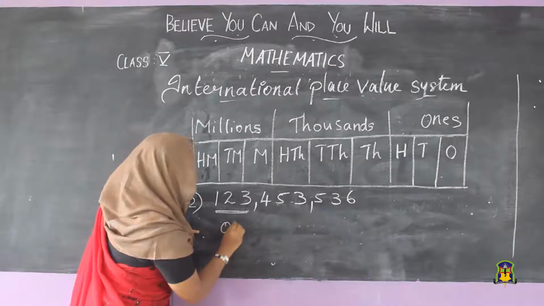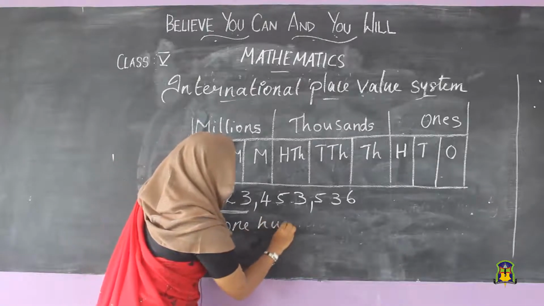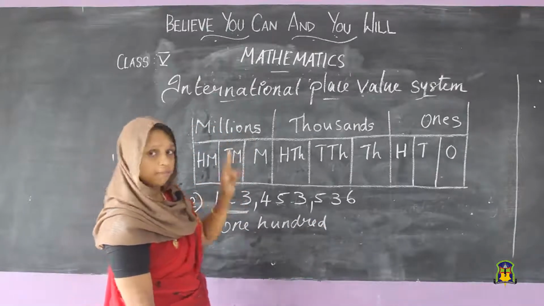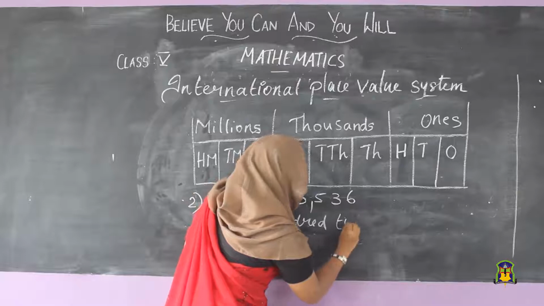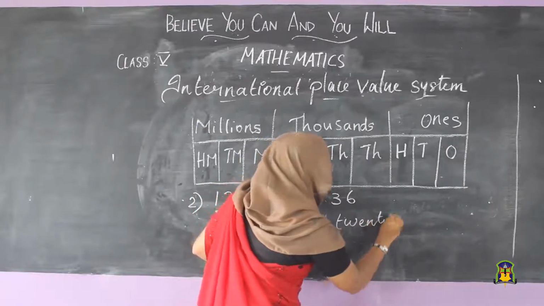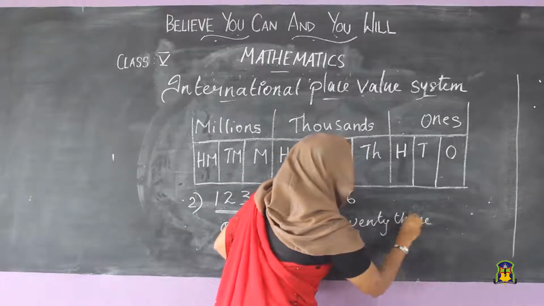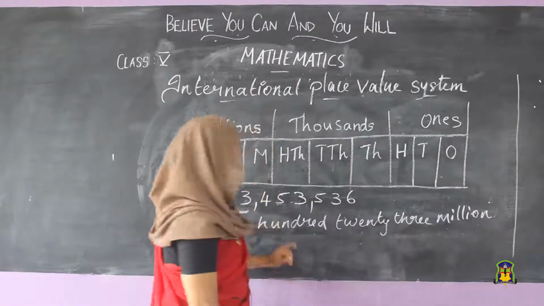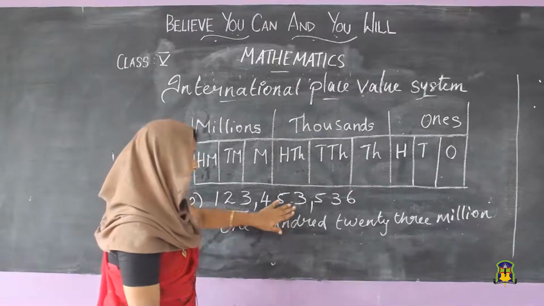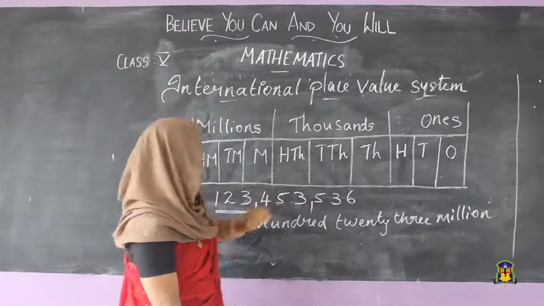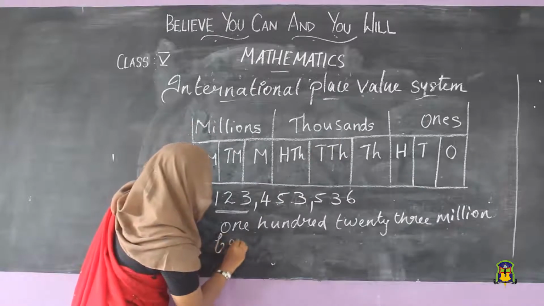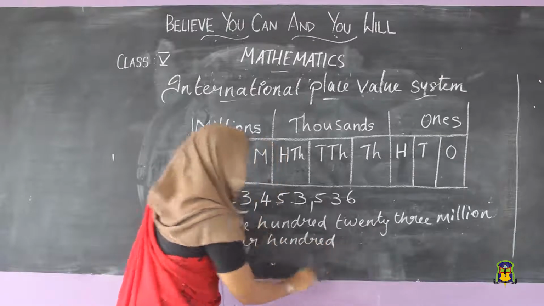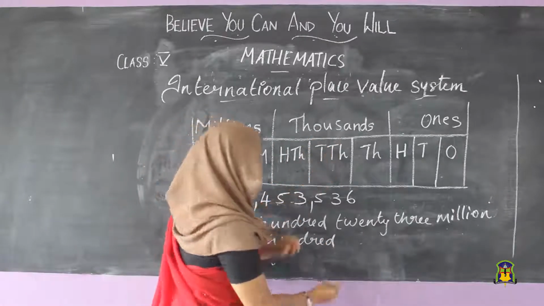So we can write it as 123 million. Then 453 comes under the 1000 period, so you write 453,000.